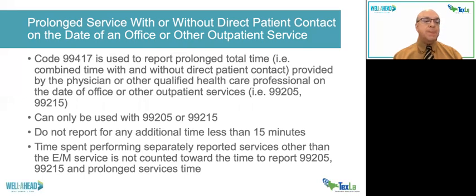And it can only be used with 99205 or 99215, okay? You do not report any additional time that's less than 15 minutes. So it must be at least 15 minutes when you're doing these types of additional timing.